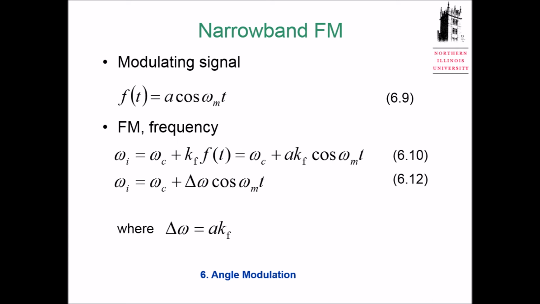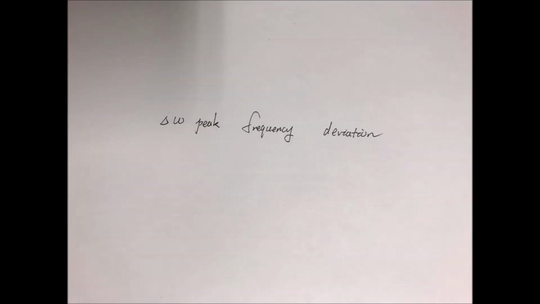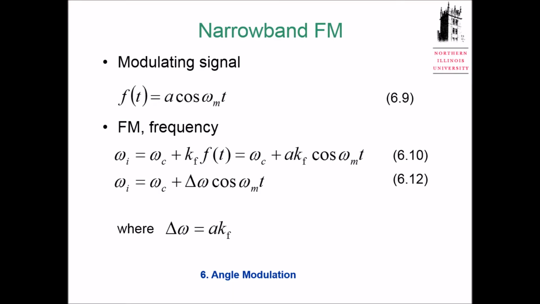For an FM signal, we write down what we had previously, two slides before: for an FM signal, my instantaneous frequency is proportional to the message.